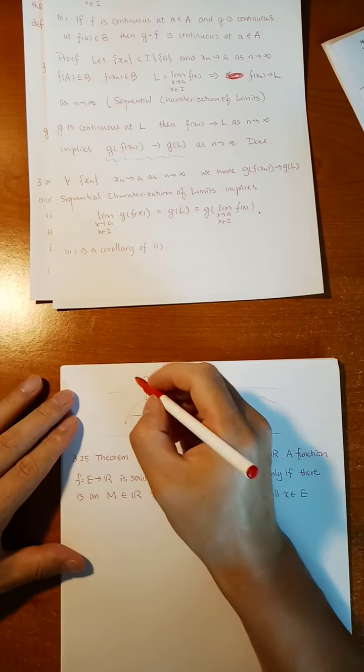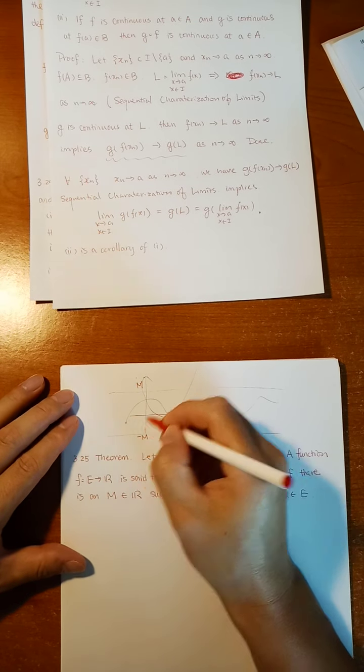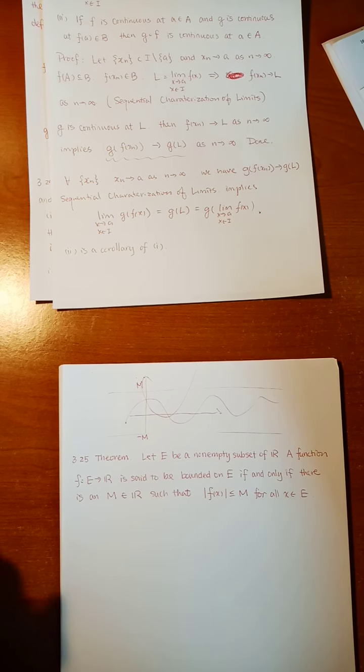Okay, so this is M, this is negative M. So that's how we get this horizontal band.